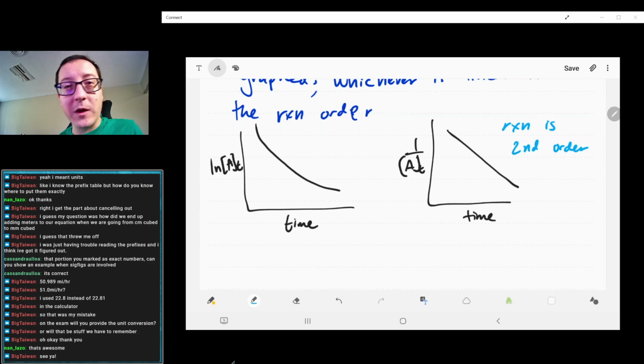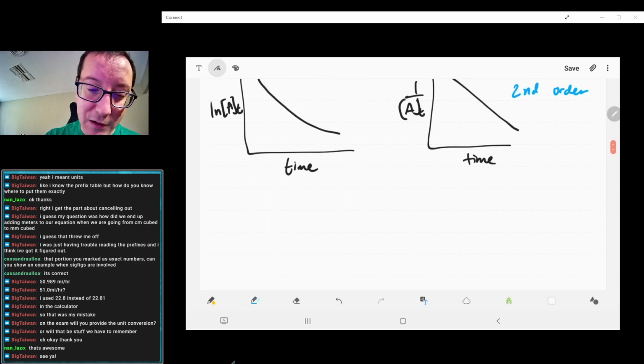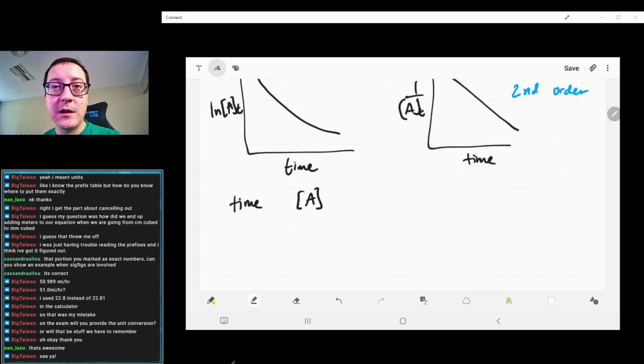So one thing that we would do in the lab, something we can't do here, is you would be collecting data of concentration over time as a reaction is happening. And you would end up with a table that would say, here's our time intervals, whatever those might be, and your concentration of mystery reactant.